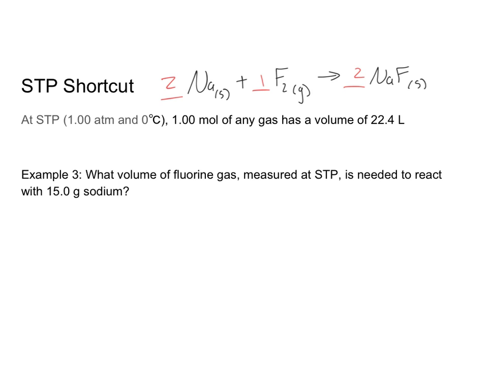So STP, remember we talked about this before, is at the conditions of 1 atm, which is the pressure, and at 0 degrees Celsius, which is the temperature. Those are the agreed upon standard temperature and pressure conditions. When we have that, 1 mole of any gas has a volume of 22.4 liters of that gas.